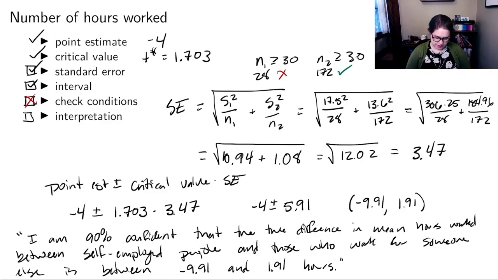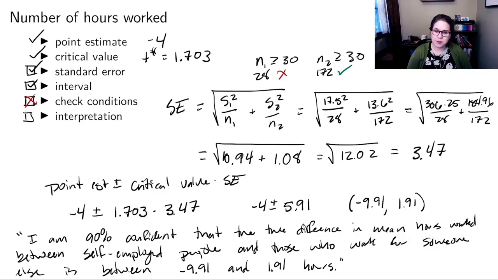So this is a confidence interval that crosses 0. I think you've seen some examples of this before, and that basically means we're not very confident. We think that people who are self-employed work about 10 hours less, all the way up to we think that they work about 2 hours more. So we really don't know who works more or less because 0 is in that interval.